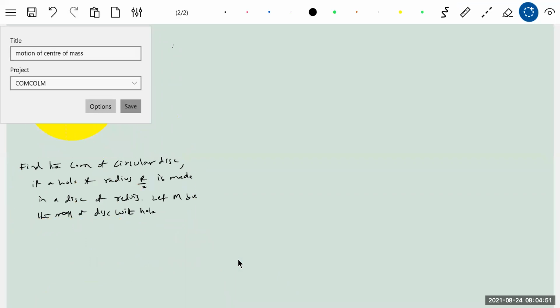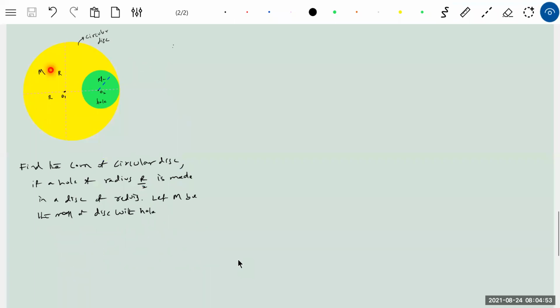If you make some hole, now the more mass is present in this region than this, so center of mass will not be at the center. It's going to shift this way. So we have to calculate now the new position of center of mass. Without the hole, the center of mass will be at O1. When you make a hole, the center of mass will shift here. So the new location will be somewhere here. That we have to calculate.